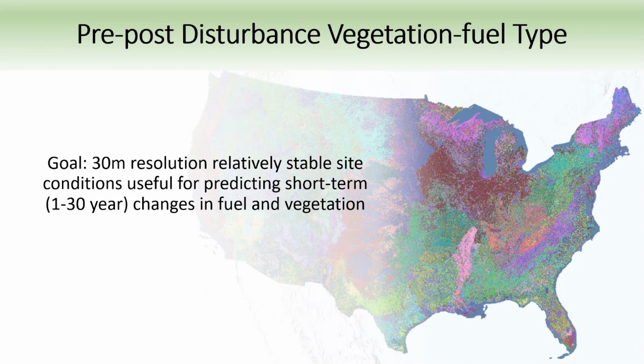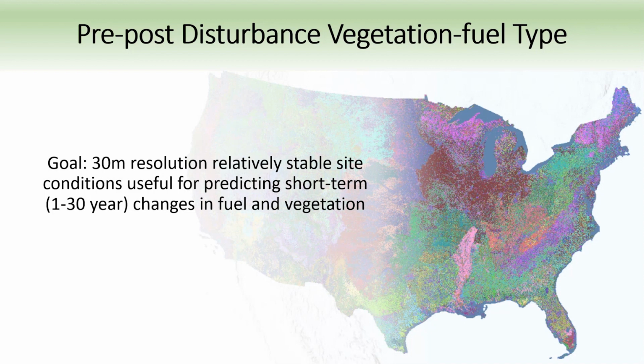And so with this PDVT layer, the goal, the motivation was to provide a 30-meter resolution product that had relatively stable site conditions that was useful for modeling and predicting these short-term 1 to 30-year changes in fuel and vegetation.